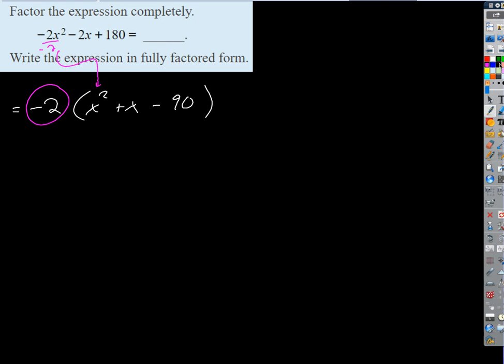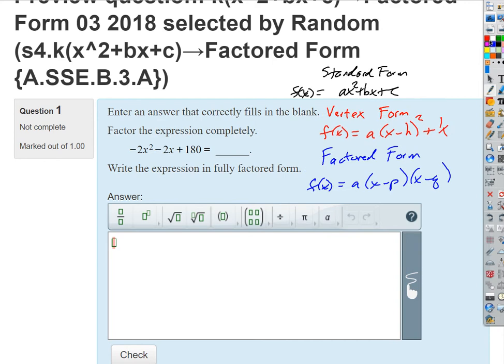And if I divide -2x by -2, that just gives me x. And if I divide 180 by -2, that gives me -90, right? So there's the first step. You factor out the GCF. Well, that's just A, isn't it? That's the number that's out in front when I write it in factored form. Okay?